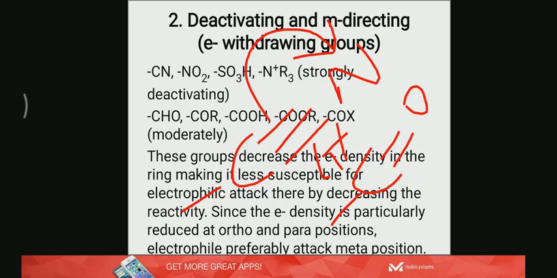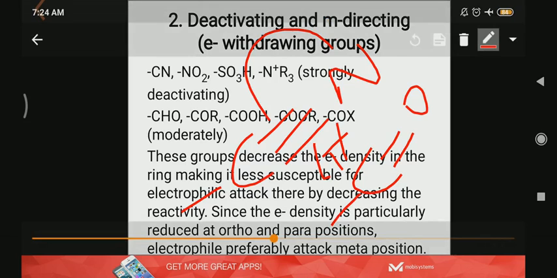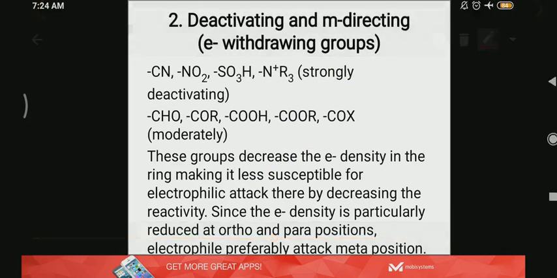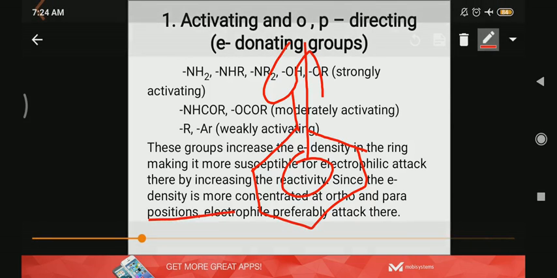That means all these groups withdraw electrons from the benzene ring due to this minus R effect, so that these groups decrease the electron density in the ring, making the benzene ring less susceptible to electrophilic attack and decreasing the reactivity.